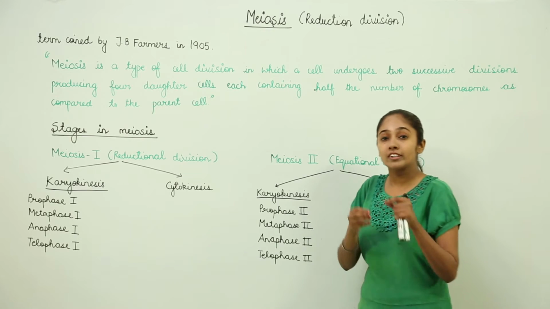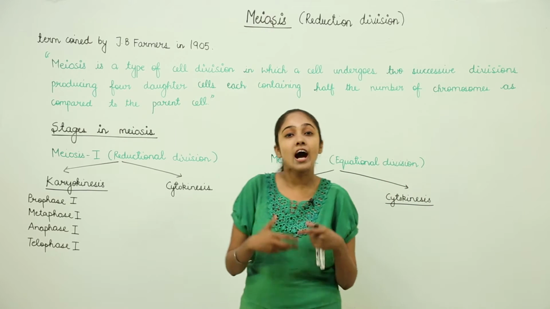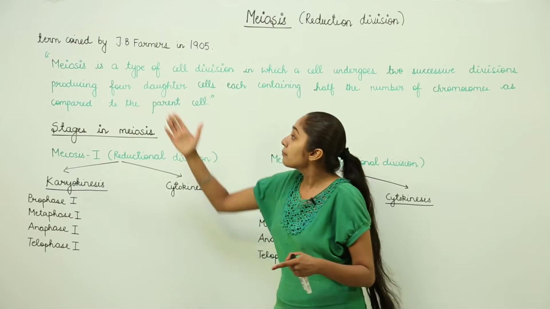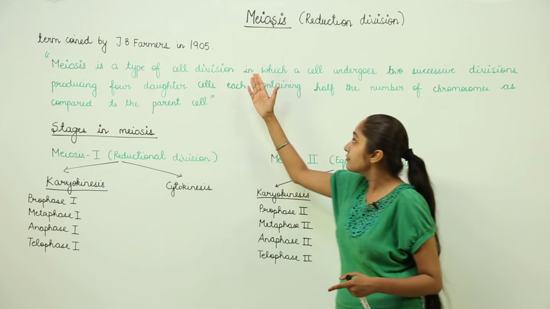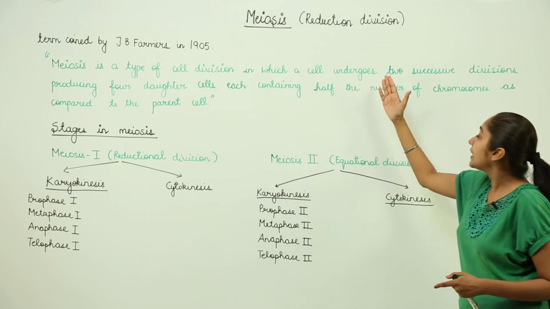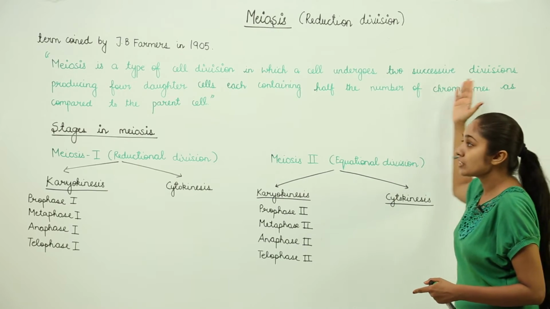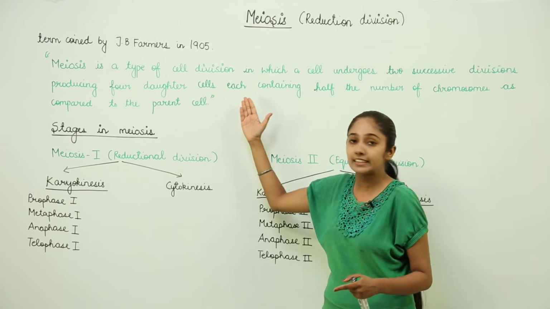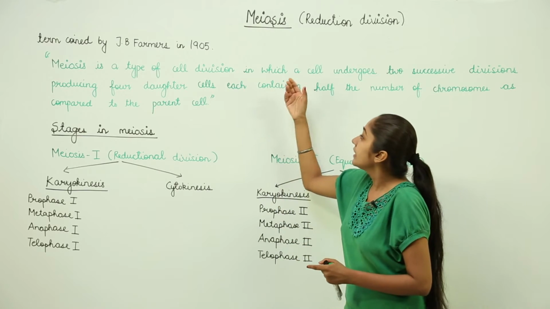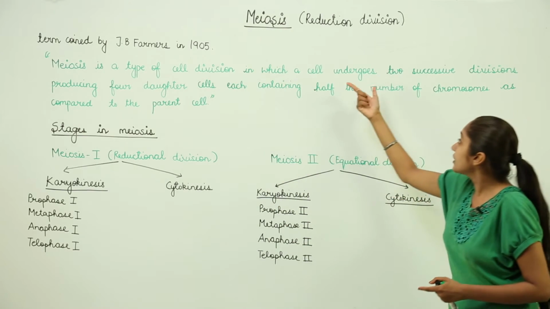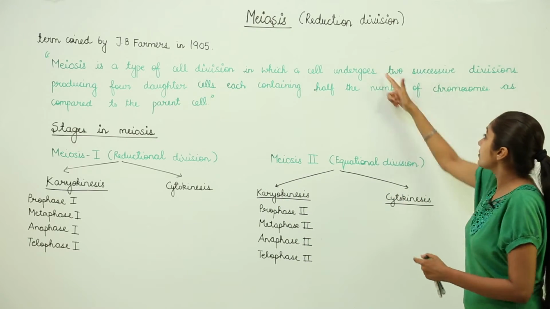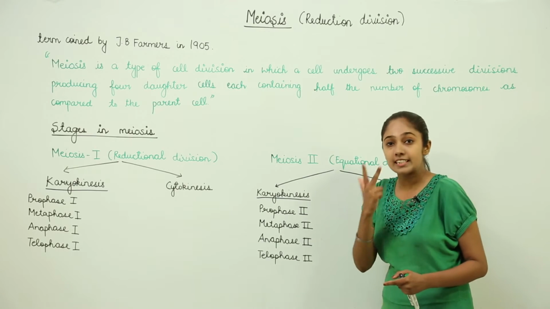Now let's see how you are going to define meiosis. Meiosis is a type of cell division in which a cell undergoes two successive divisions producing 4 daughter cells. So you can make out that it is a type of cell division in which the cell undergoes 2 successive divisions. Now what are these 2 successive divisions?